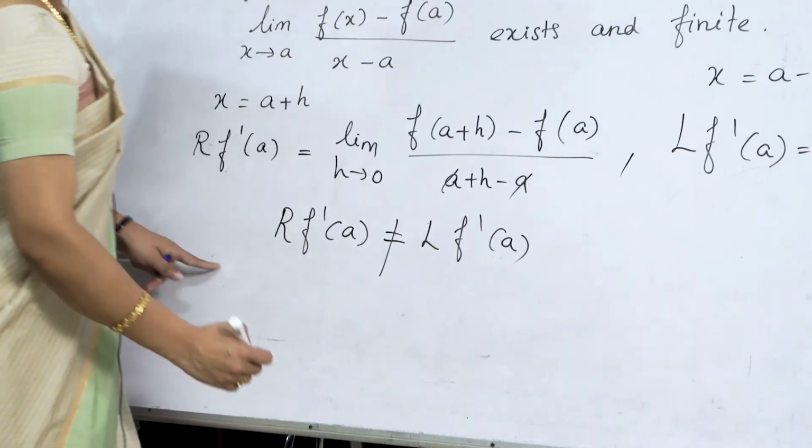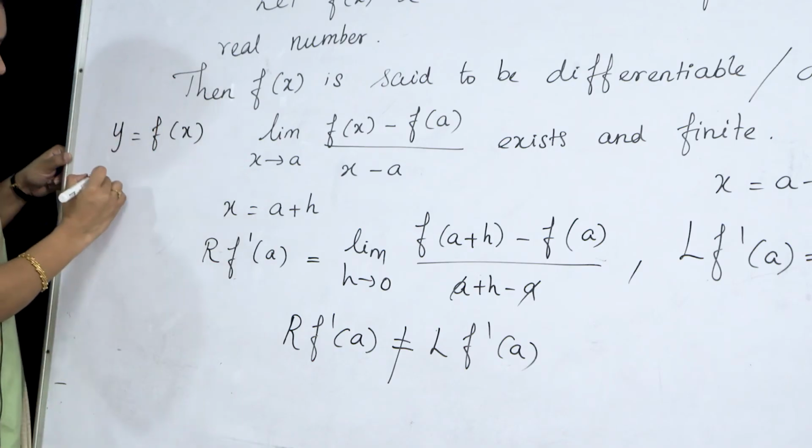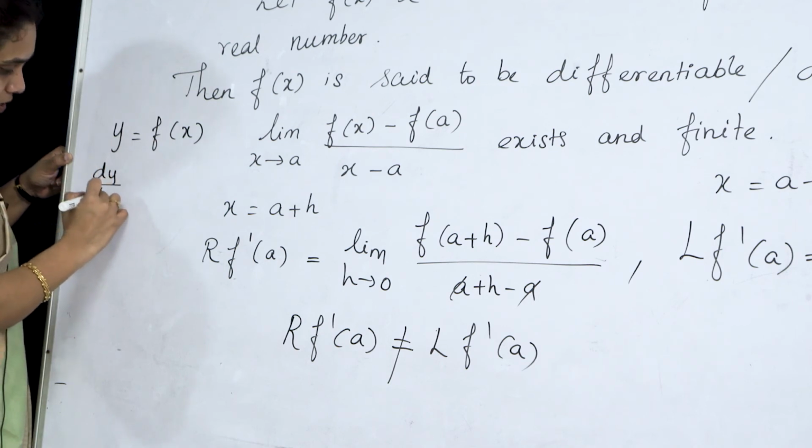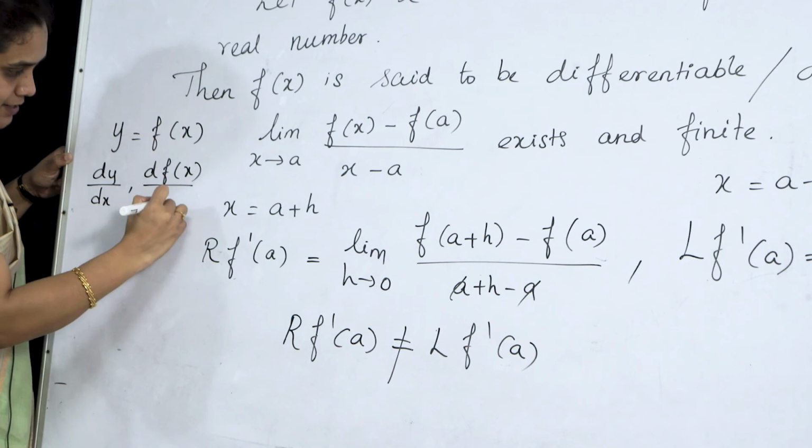Okay. Then if you take a function y equal to f(x), if it is differentiable, then how do we denote its derivative? Okay, derivative, that is either dy by dx or df(x) by dx.